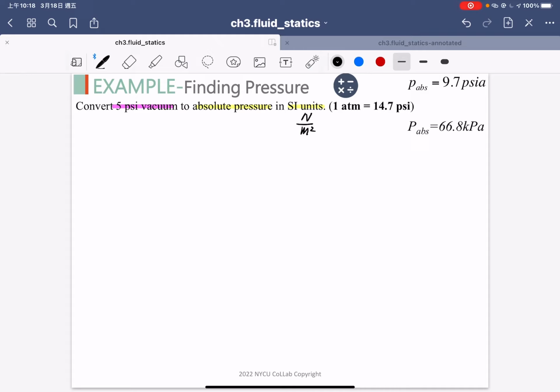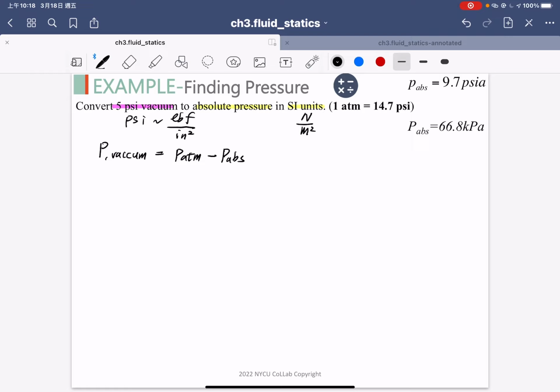But right now the pressure unit here is PSI, which is pound-force divided by inch squared. Okay, and right now we only have the vacuum. So how can we get the absolute pressure? So actually the P_vacuum is equal to P_ATM minus P_absolute, right?